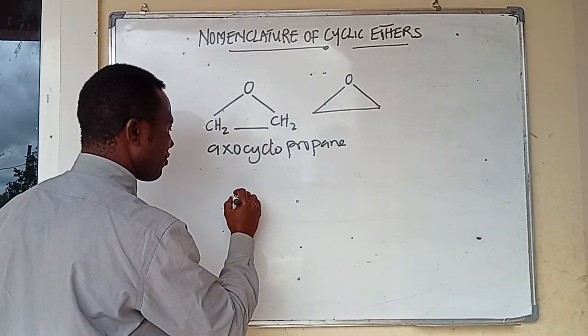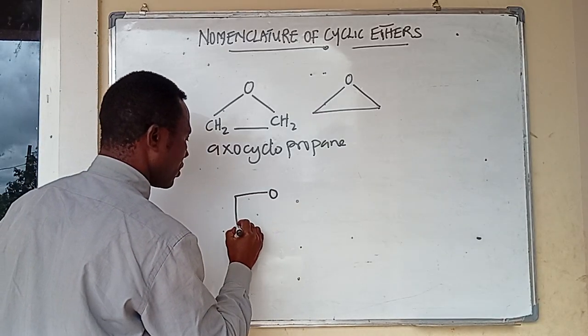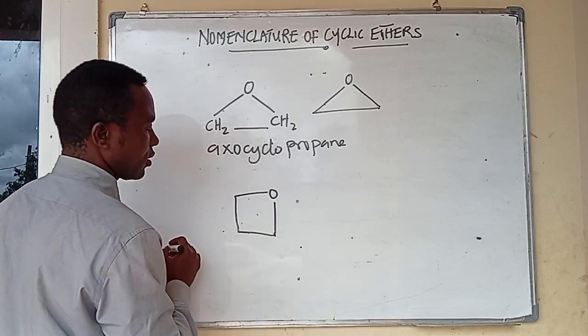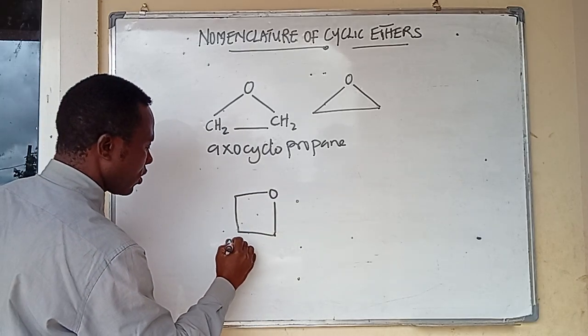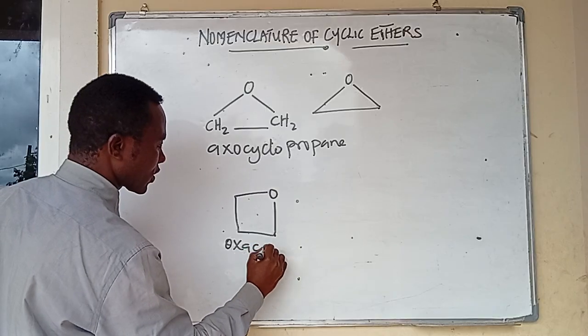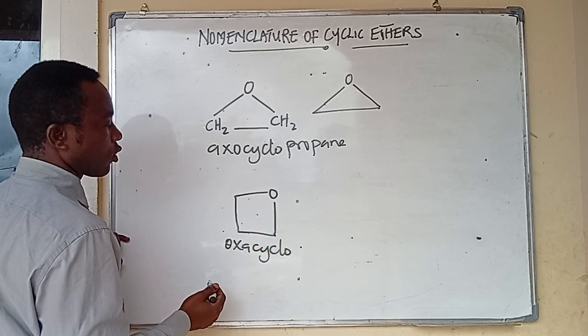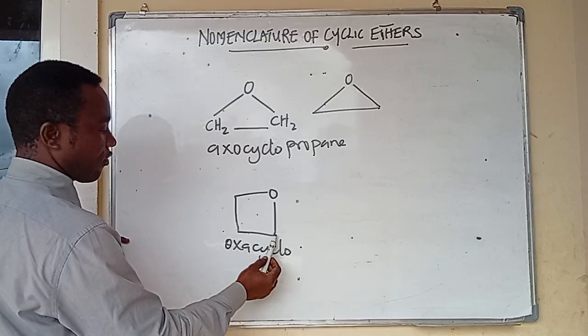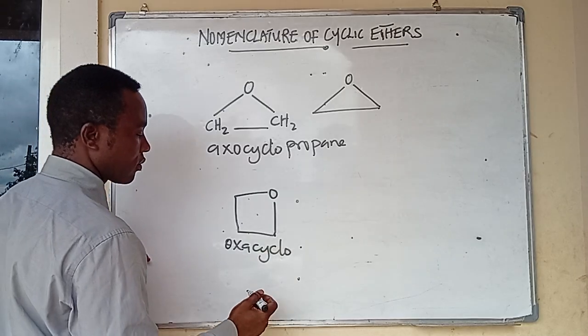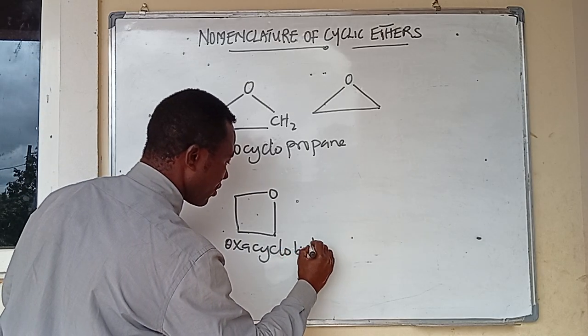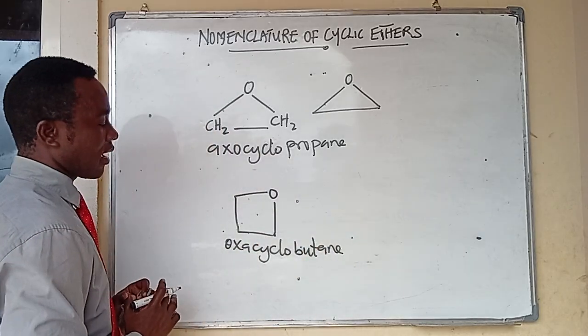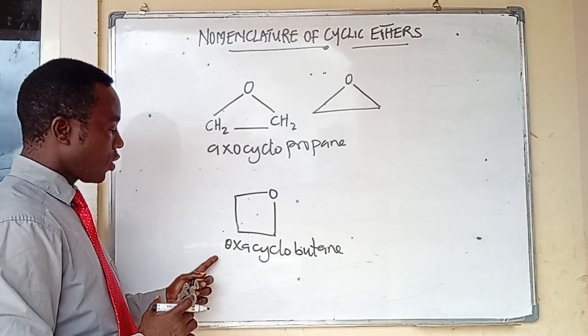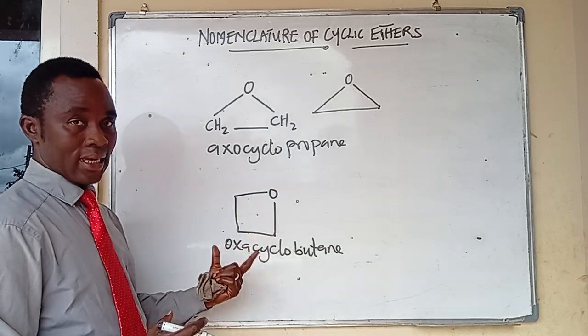Now, if we have it this way, this will be what? Oxacyclo. How many atoms form the ring? 1, 2, 3, 4. 4 is what? Is butane. So cyclic ethers are actually named as oxacycloalkane.